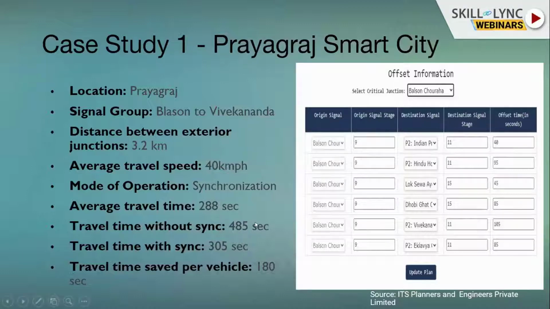So now, instead of moving from Balsan to Vivekananda in 485 seconds, you can reach it in just 288 seconds, which is 5 minutes. So you are actually saving 3 minutes per vehicle. When you think about the saving of time, it not only saves the time when you are stopping at the signal, but when you switch on the engine, it also costs a lot of fuel and causes a lot of pollution.